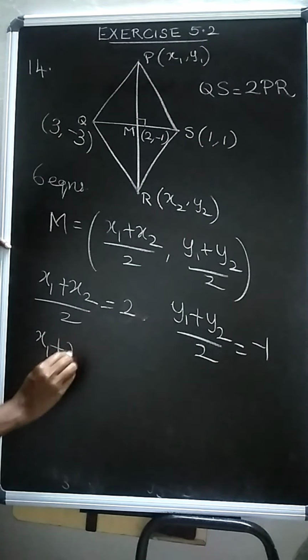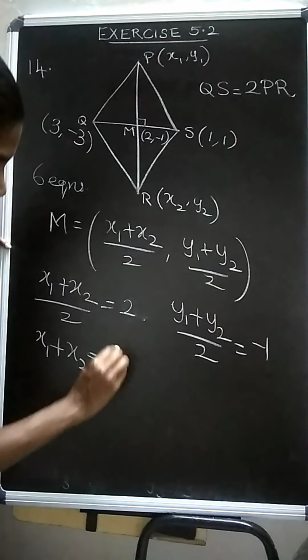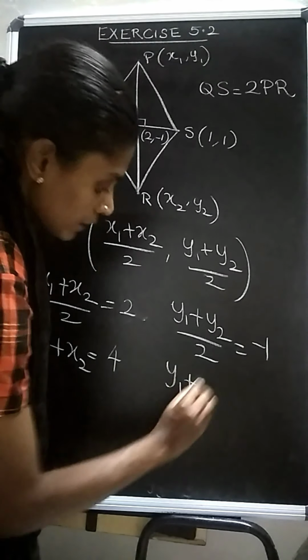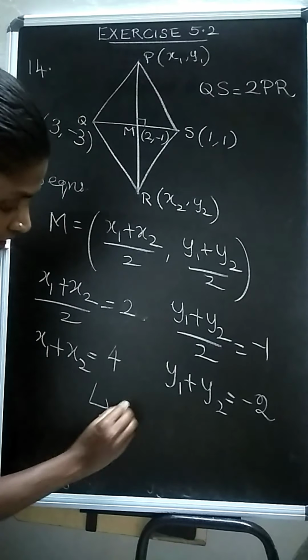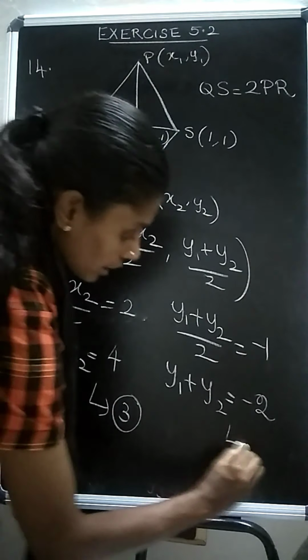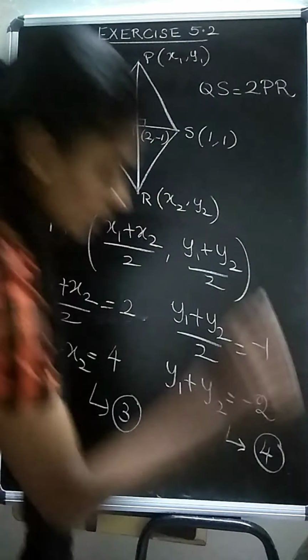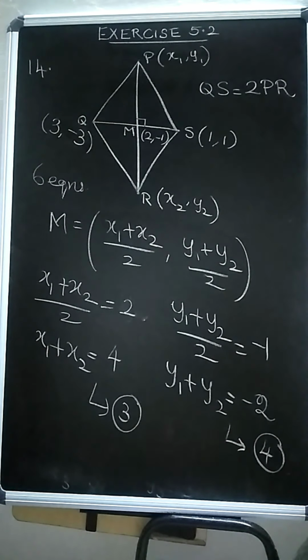So x1 plus x2 is equal to 4. y1 plus y2 is equal to -2. So this is equation number 3 and this is equation number 4. So now you have got 2 more equations.